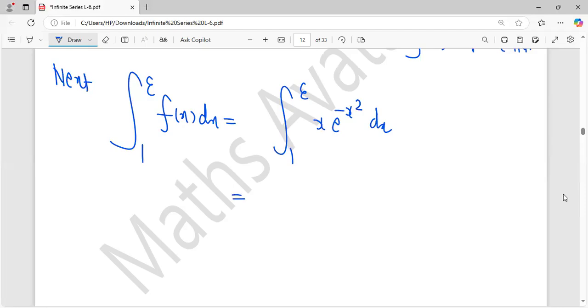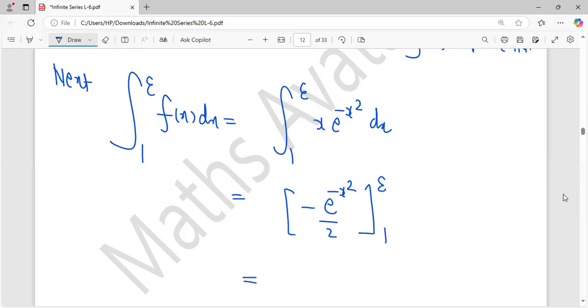After calculating, you will find that its integral is minus e to the power minus x square by 2. You can calculate it, it is easy.